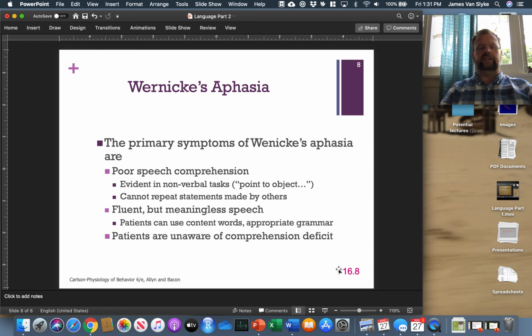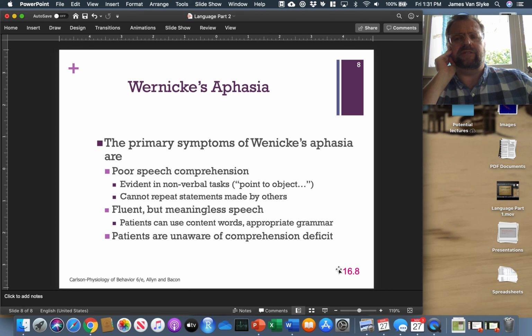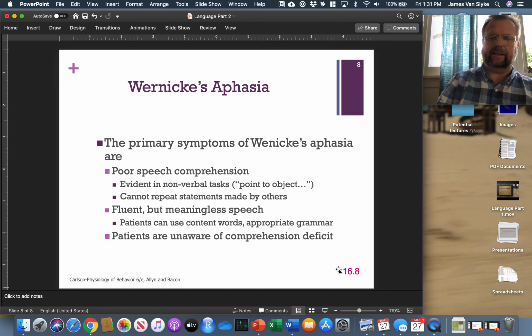In a sense they know what they want to say, but they don't have access to what the meaning of those words would be. That's why you have that word salad, where words are coming out but it's just not really making sense. And that's why they can sometimes have difficulty when they're asked certain types of tasks and they cannot repeat what other persons have said.